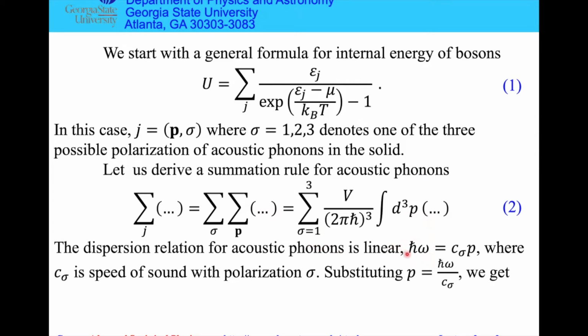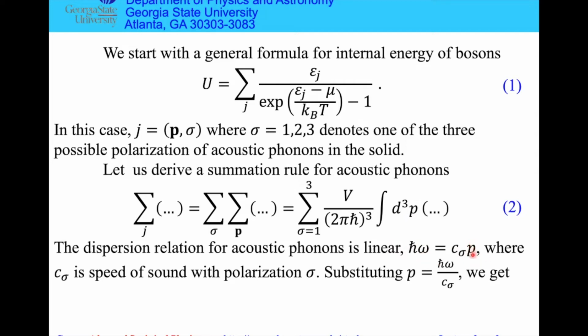So the energy of acoustic phonons is h omega, where omega is frequency, the general relation between frequency and energy in quantum mechanics. And this linear relation means that the coefficient between momentum and energy has the dimensionality of velocity, and easily you can see that it is the phase velocity of the wave, which is the ratio of the energy over momentum.